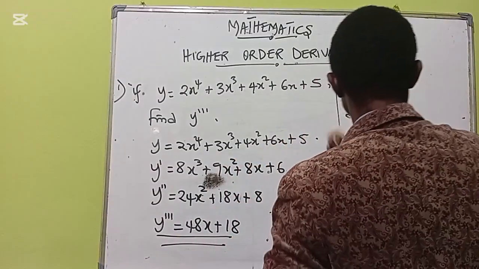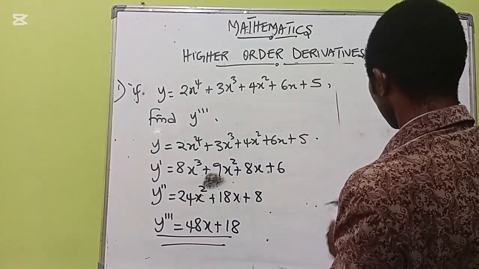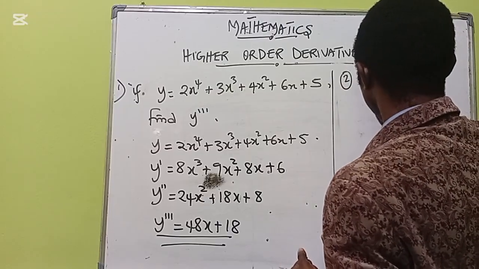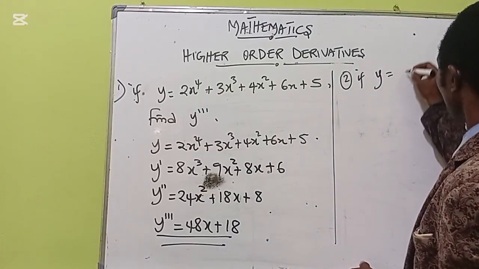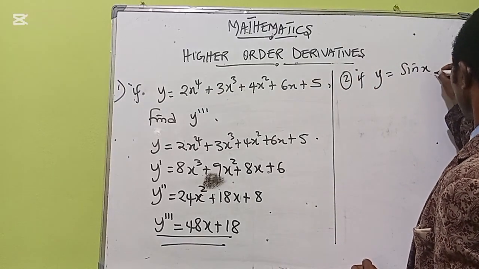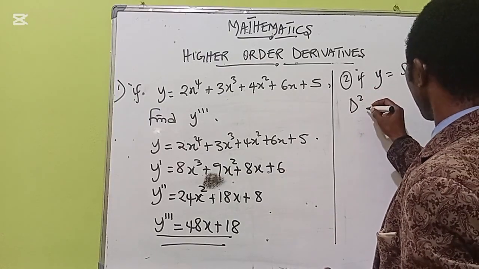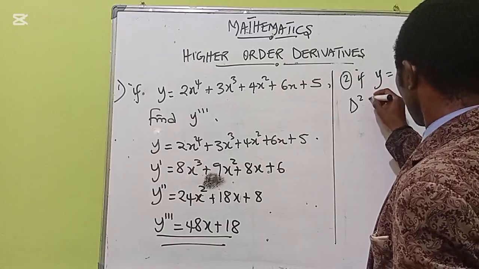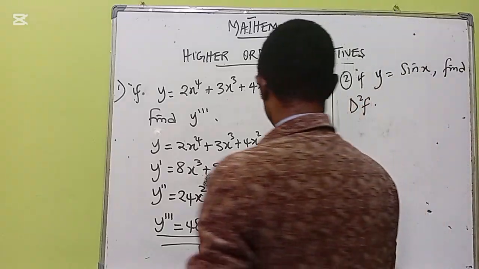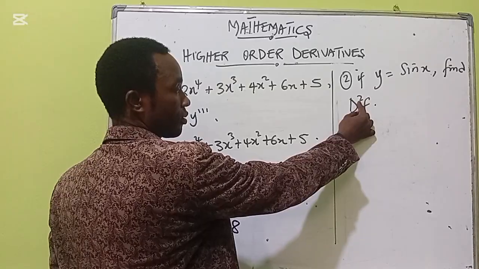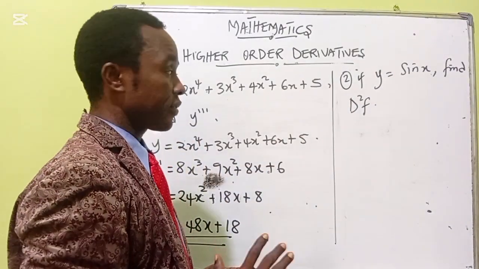Now let us take the second question. That is number 2. If y is equal to sine x, find d square f. Remember, you have the square here to tell you that it is the second derivative.